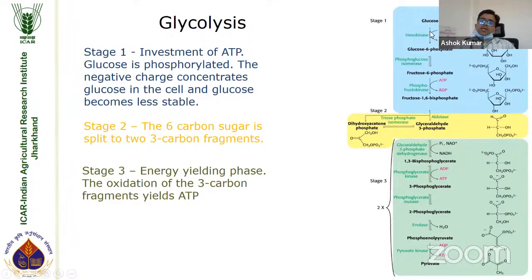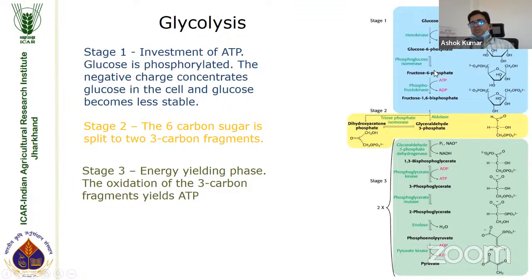Similarly, sugar molecules other than glucose can also be phosphorylated by hexokinase. Even if it is not phosphorylated by hexokinase, there are other kinases which can phosphorylate it, and then it can be converted directly to fructose 6 phosphate.